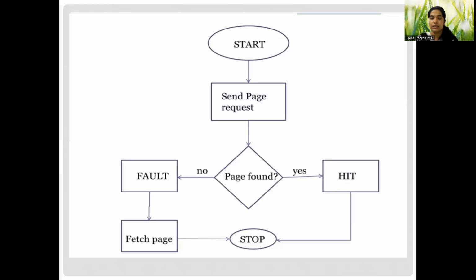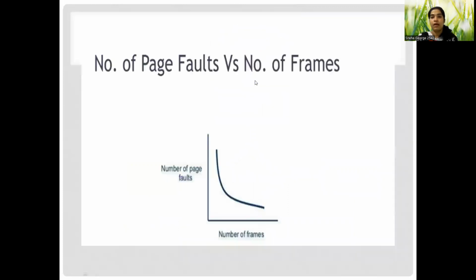If the main memory is full, you have to free a particular frame, which is called the victim frame. Then you do the necessary updates in the page table. So this is the flow of the page replacement that is happening. Now, this is just a graph showing the number of page faults versus the number of page frames.